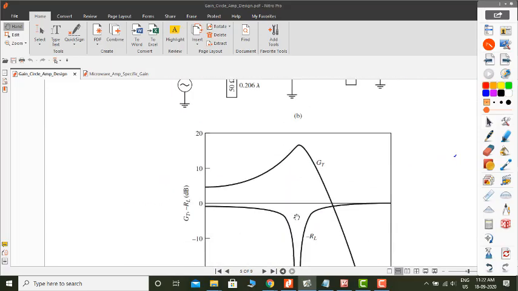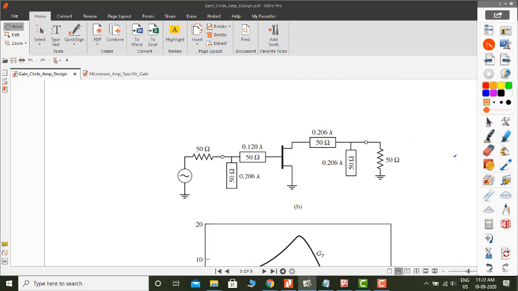And next, this is the device, this portion is the source, and this is the load.